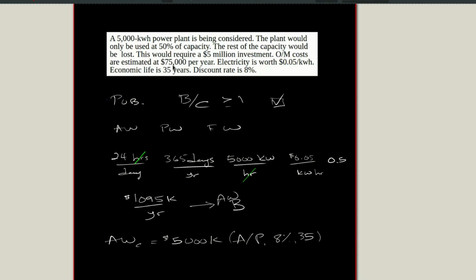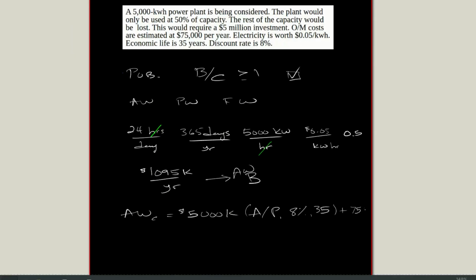Operations and maintenance costs are estimated at 75 grand per year, so I would need that to be plus 75. AW costs come out to be around 504K. So you mathematicians would already see that B over C is definitely greater than 1. In this case, it's greater than 2. So it's going to be a viable project.